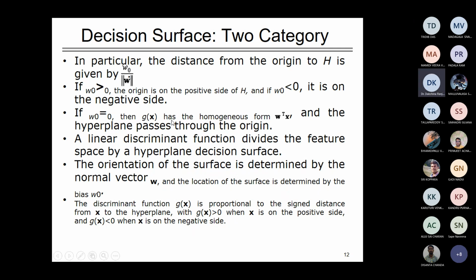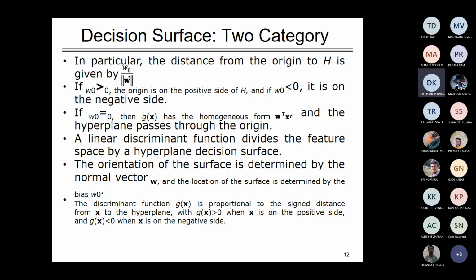So here the linear discriminant function divides the feature space by a hyperplane decision surface, and the orientation of the surface is determined by the normal vector w. So the normal vector w decides the orientation of the decision surface. If the normal vector is changed, then the orientation of the decision surface will also change.